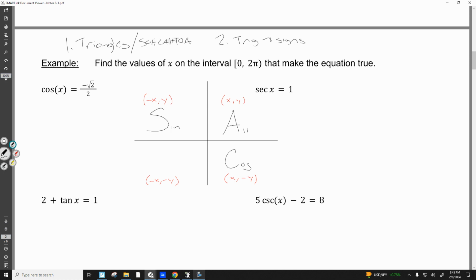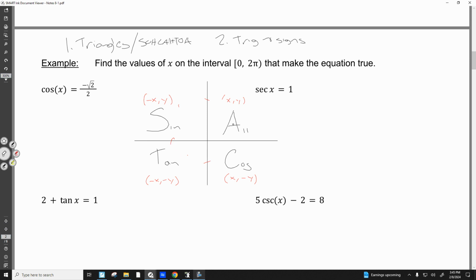Are there any trig functions that are positive in the third quadrant where X's and Y's are negative? You got it. This creates the mystical mnemonic, all students take calculus. But they don't. But we're going to say that. You could come up with your own little mnemonic device to remember ASTC.